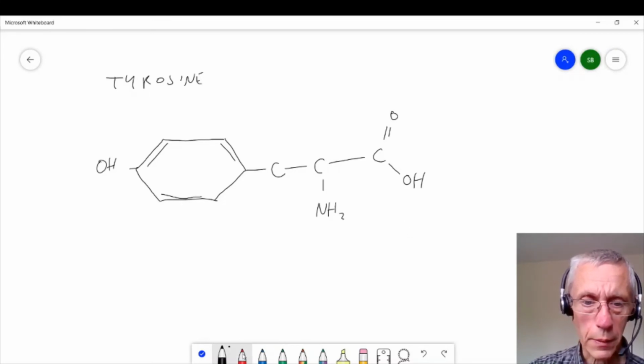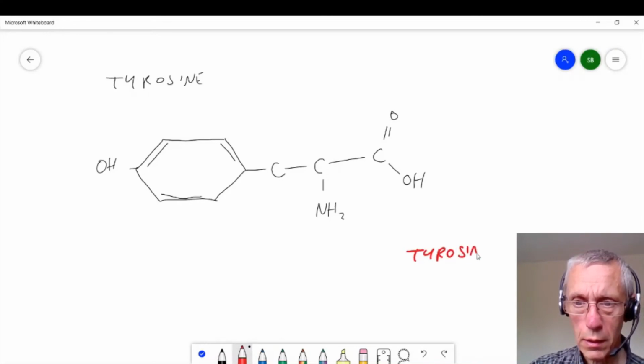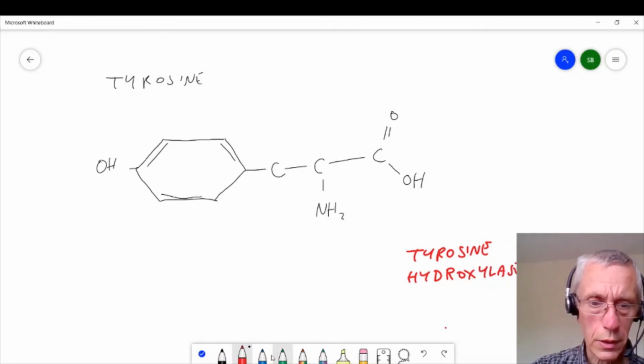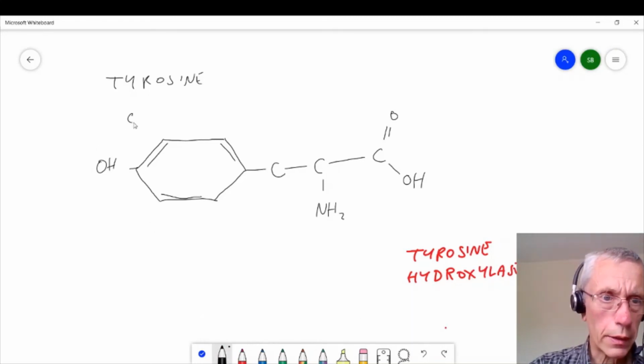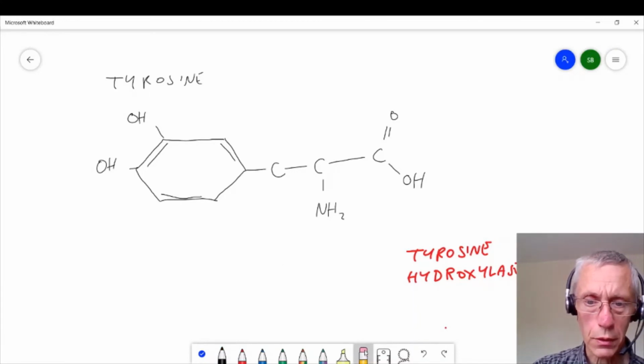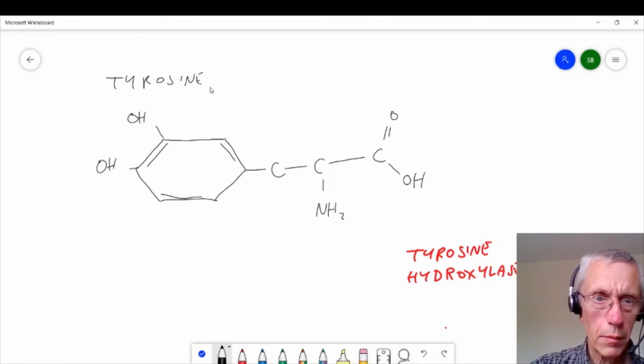The first step in the synthesis is through tyrosine hydroxylase. And what tyrosine hydroxylase does is to add another hydroxyl here, and this now produces not tyrosine but L-DOPA.